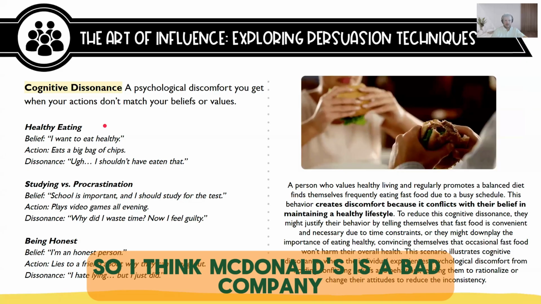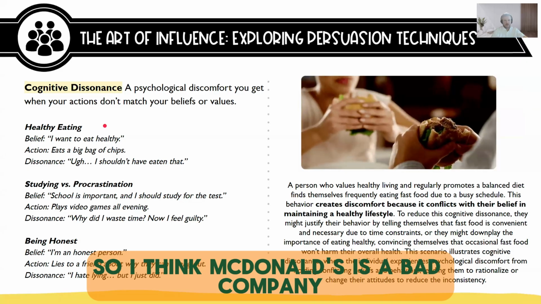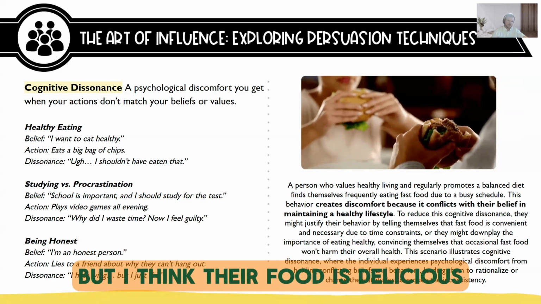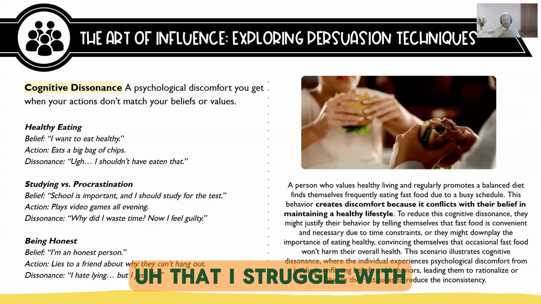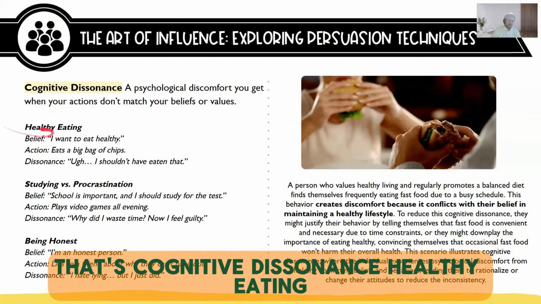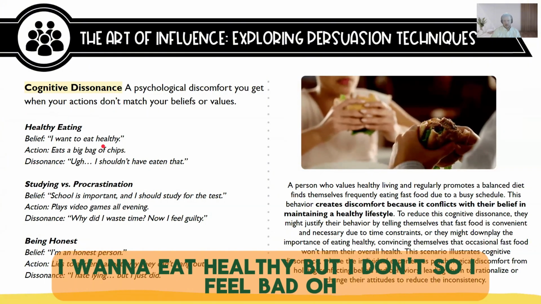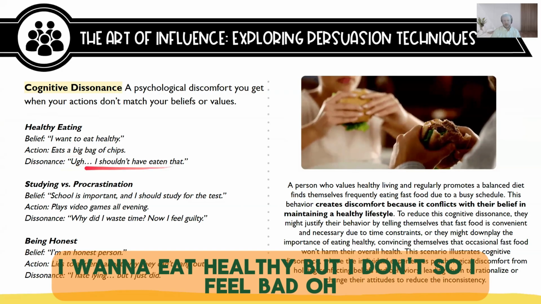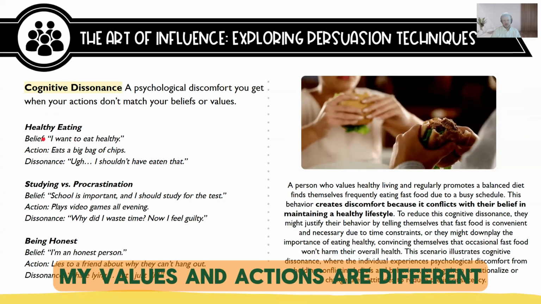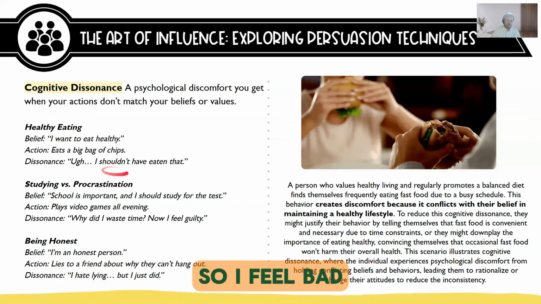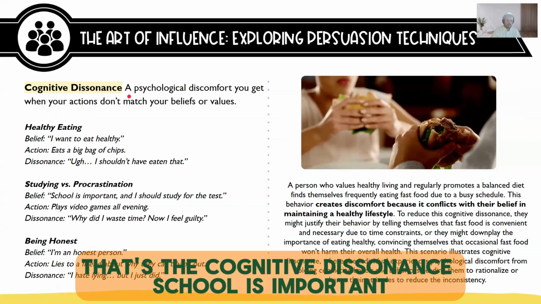So I think McDonald's is a bad company, but I think their food is delicious. So I have a contradictory belief that I struggle with. That's cognitive dissonance. Healthy eating. I want to eat healthy, but I don't. So I feel bad. I'm judging myself and feeling bad because my values and actions are different. That's the cognitive dissonance.